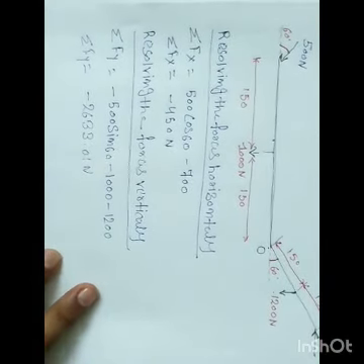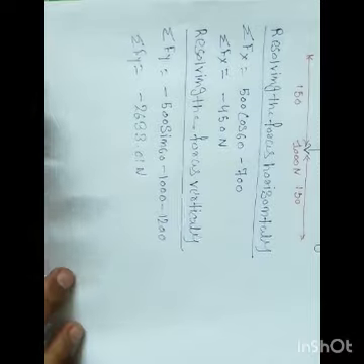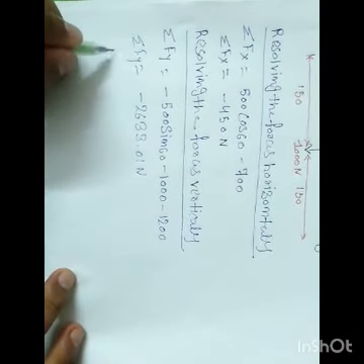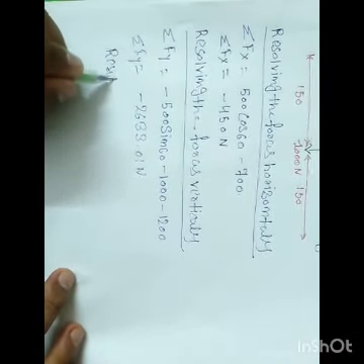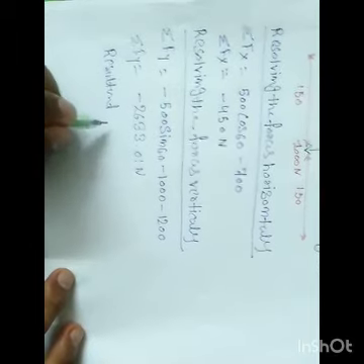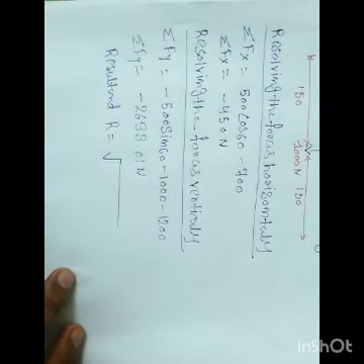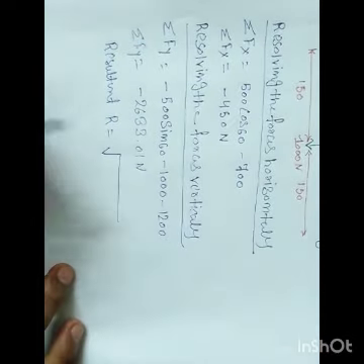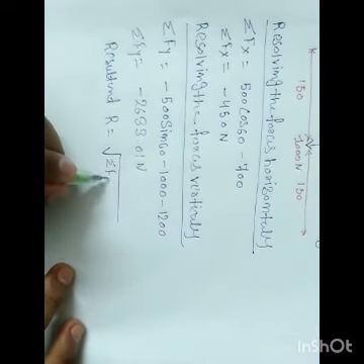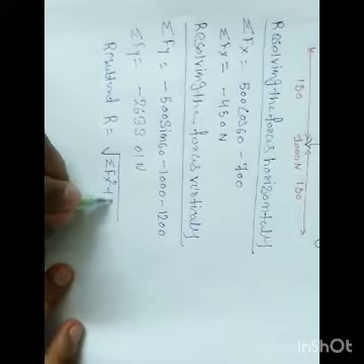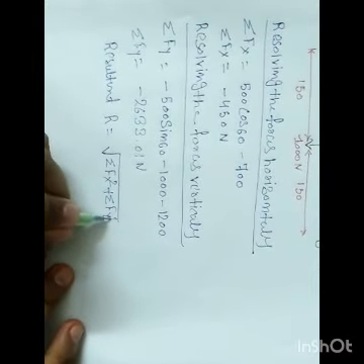Okay. Now then simply you will impose that relation, that resultant R is equal to root over of summation of Fx square plus summation of Fy square.